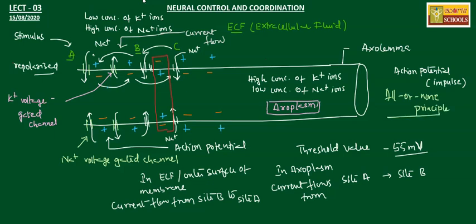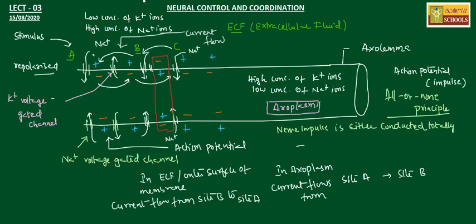According to this all or none principle, the nerve impulse is either conducted totally or it is not conducted at all.